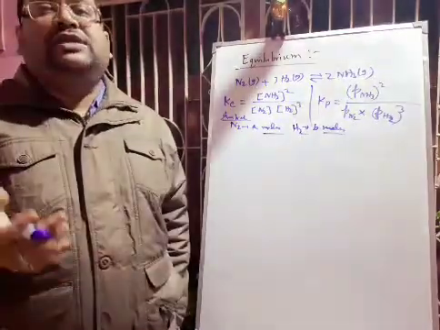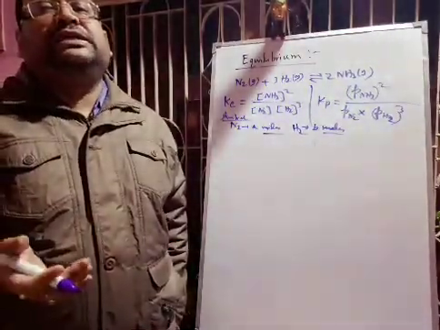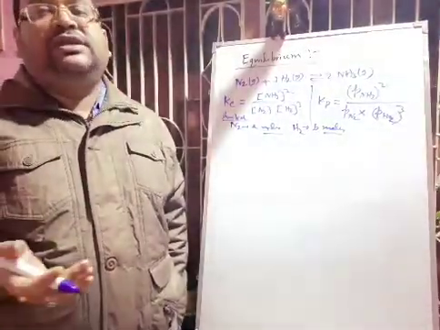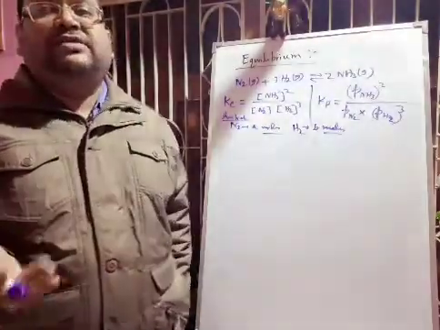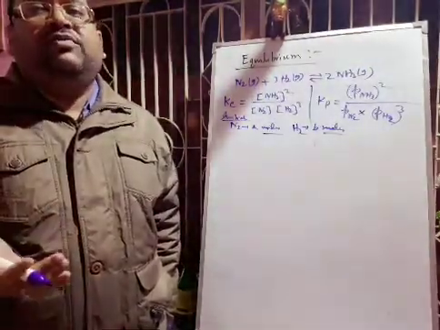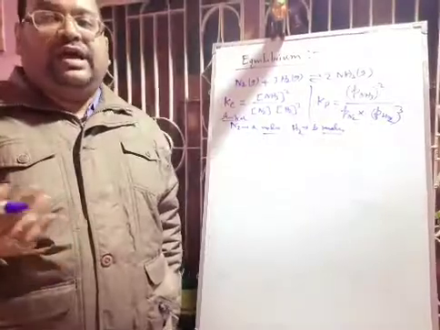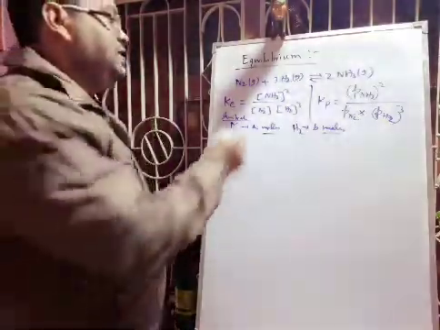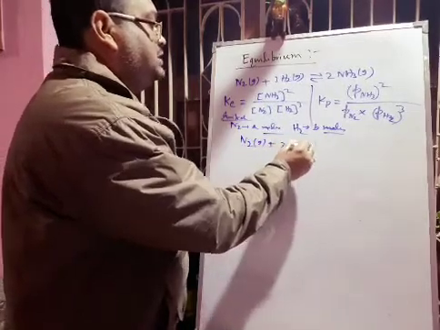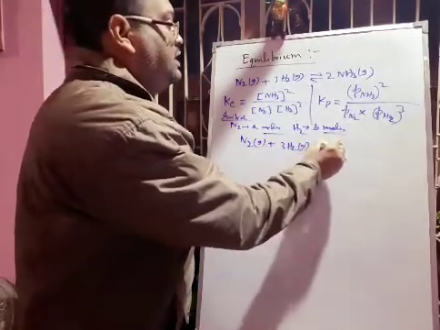Let us consider x mole of nitrogen and 3x mole of hydrogen are consumed at equilibrium to form 2x mole of NH3 gas. So again we write this reaction: N2 gas reacts with thrice H2 gas forming twice NH3 gas.